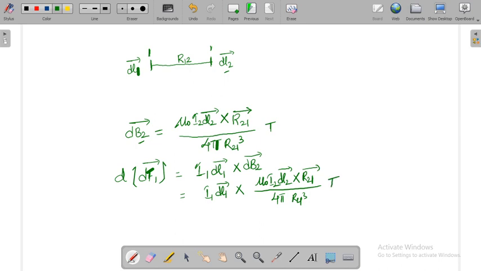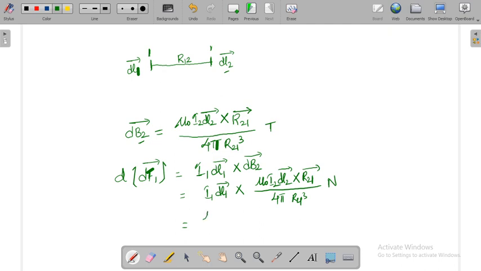Sorry, this is force, right? The unit of force is newtons. Now I am rewriting this equation into a proper form.